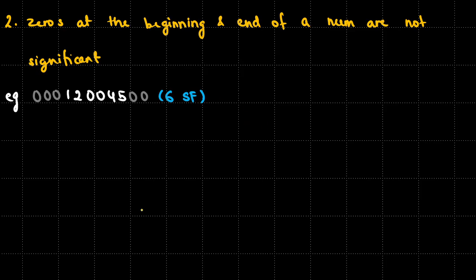Suppose we have a ruler which has a least count of 1 kilometer, and you measured and got the value as 2 kilometers. Of course, you can write 2 kilometers as 2000 meters, but these zeros in the back are not significant. Do you know why now?